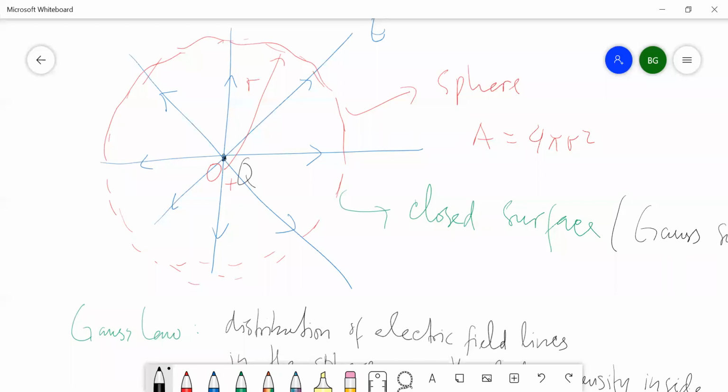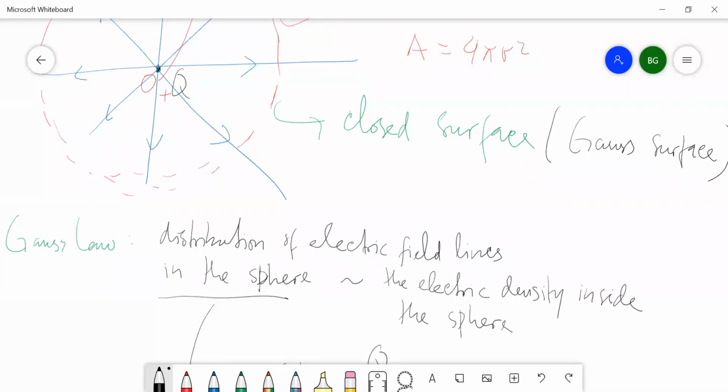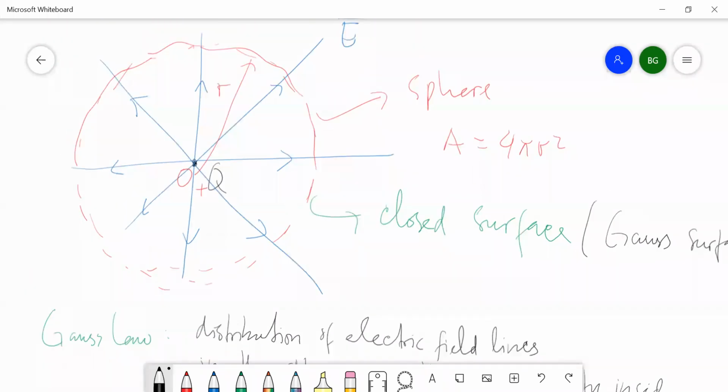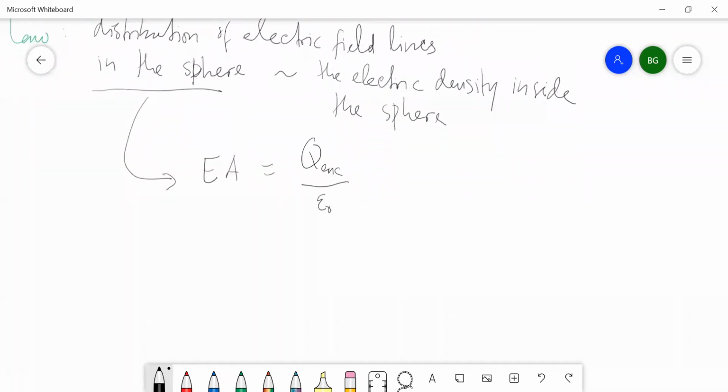So if you make, for example, this sphere here, there is only one charge. So we cover only one charge using this sphere, this closed surface in general. So the enclosed charge in this case is equal to Q.